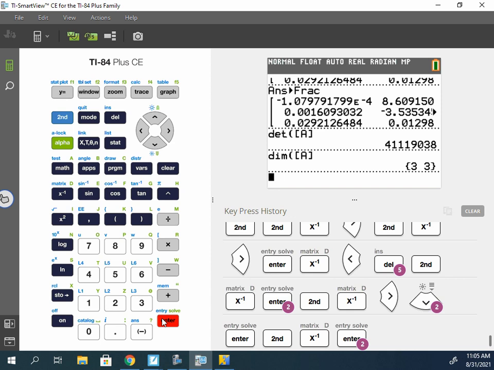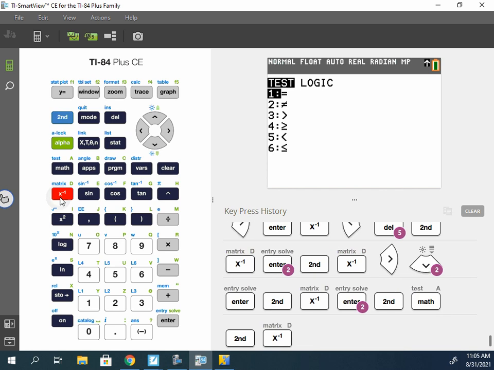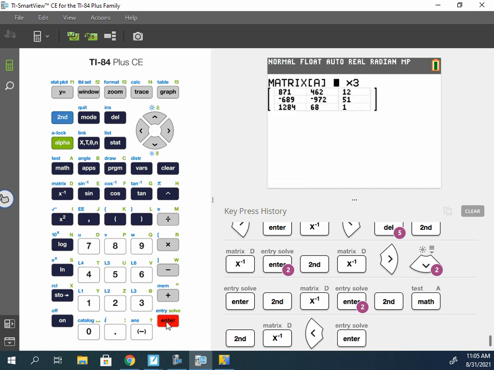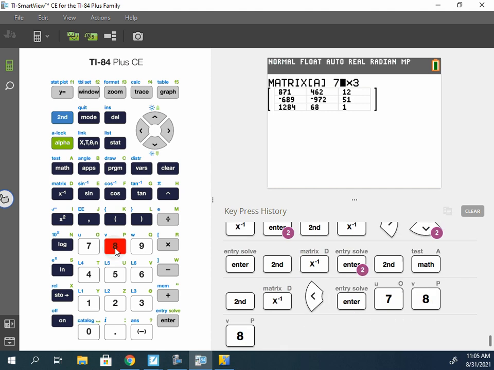Now, with multiplication, we would have to actually have something there for the dimensions, because the dimensions for multiplication do change a little bit. Edit, let's say, whatever, 78 by 3. So there's going to be a whole bunch of zeros.